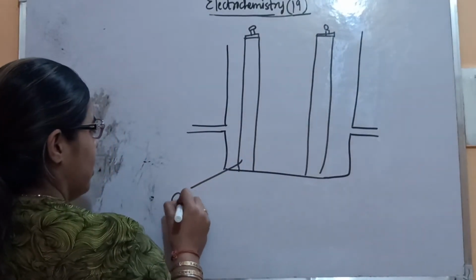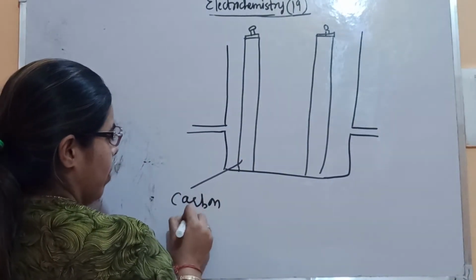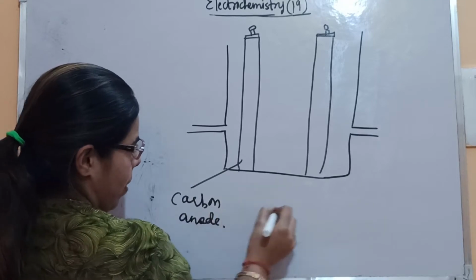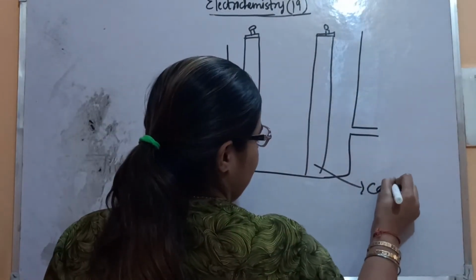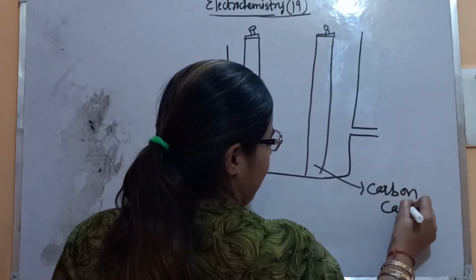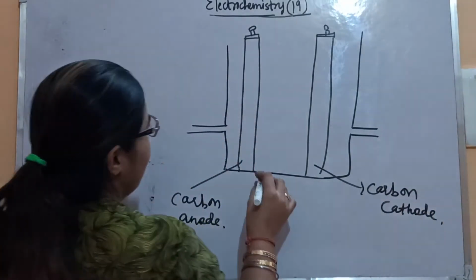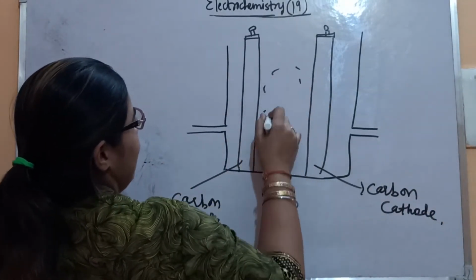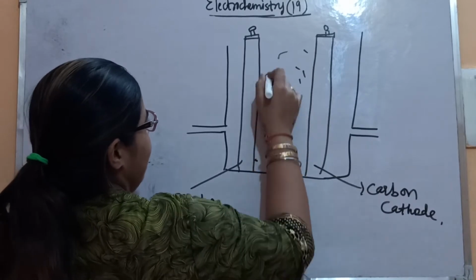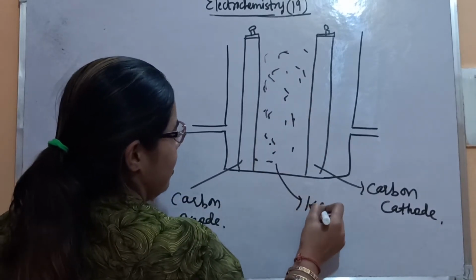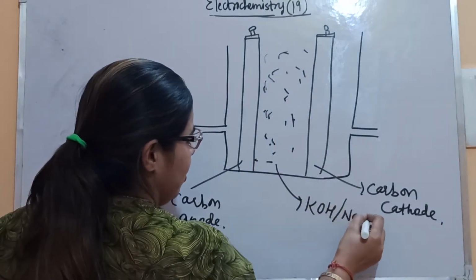This is the carbon anode and this is the carbon cathode. And we'll be using an electrolyte between the two electrodes, that is KOH or NaOH.